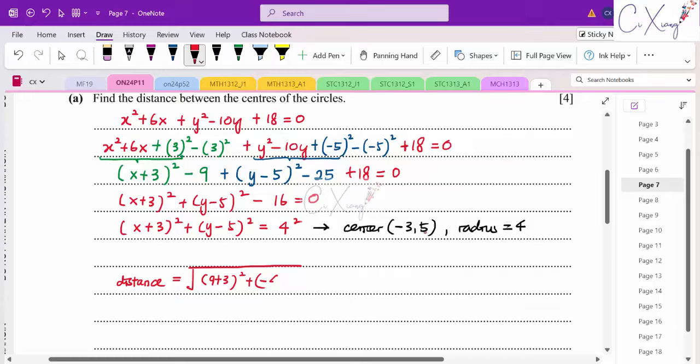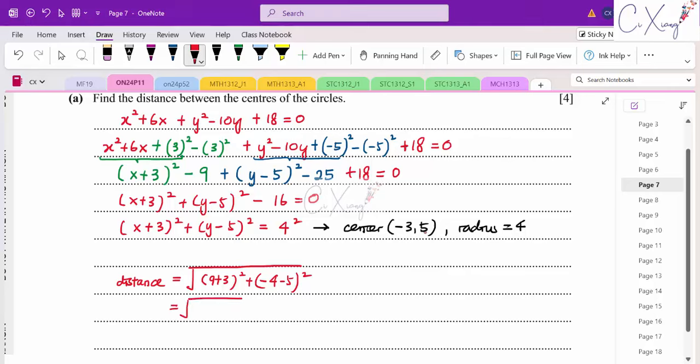So you're having (−4 − 5), then you square it. After that, if you simplify them, what you get is square root of 144 + 81, and you get square root of 225. Therefore, the distance between the two centers of the circles is equal to 15.